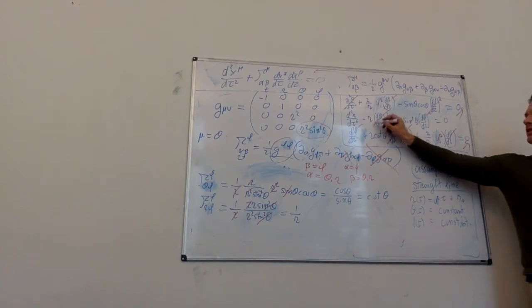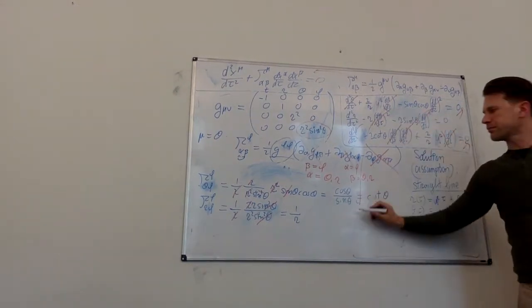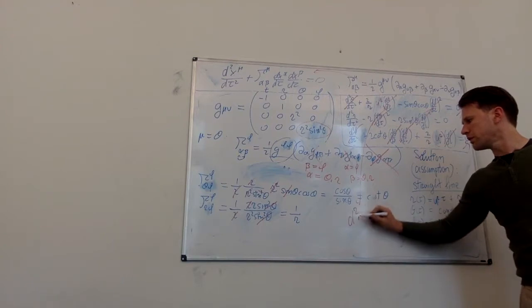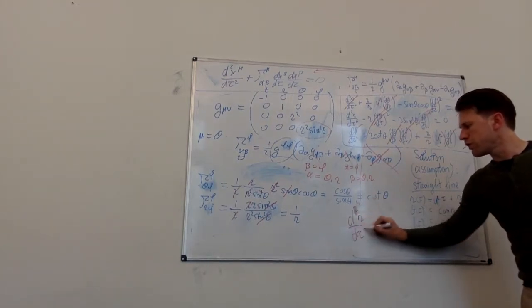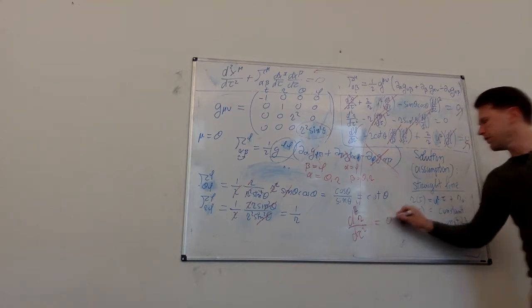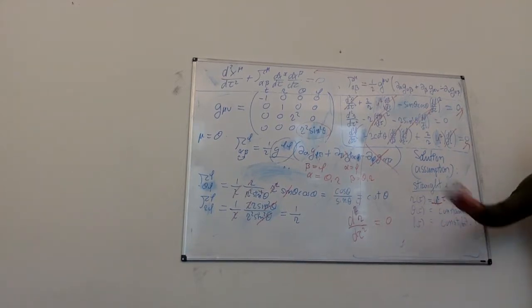Of the remaining equation, this one drops out, that one drops out. And we end up with, in order for our proposed solution to be a real solution, this has to be true. Is it true for our solution? Yes, because this is a constant, taking two derivatives will make it 0.